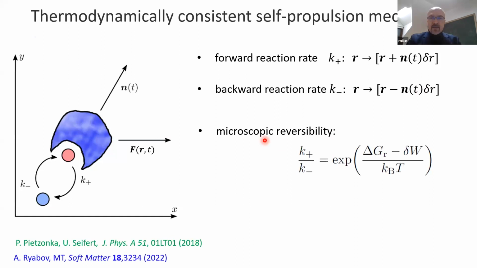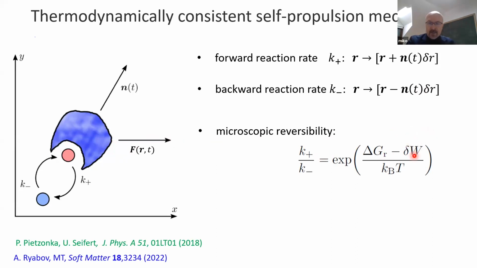Rates must obey this so-called microscopic reversibility, or local detail balance. The rates of reaction are given by this Boltzmann factor, where delta G is the free energy of reaction. So each reaction releases free energy delta G. And this term delta W is the work done against force. We apply a force upon our particle, and we then must include this work.